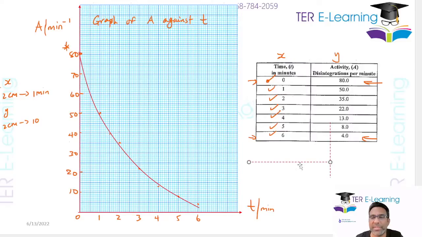First things first, we know where the 80 mark is. So I'm going to read off at the 40 mark. Now, my answer, like I said, might be slightly different to what you had. My first half-life there, I'm getting 1.5 minutes.